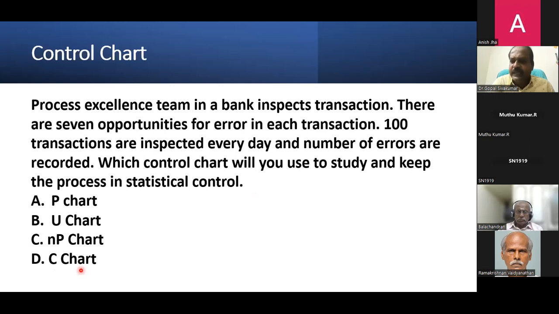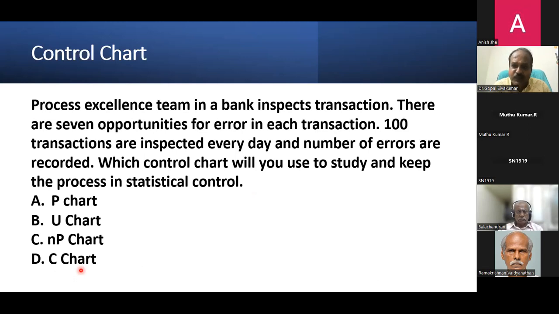A process excellence team in a bank is inspecting transactions. There are several opportunities for error in each transaction. In every transaction, there are 7 opportunities. If the account number is mentioned wrongly, the transaction will be a failure. Do you understand?